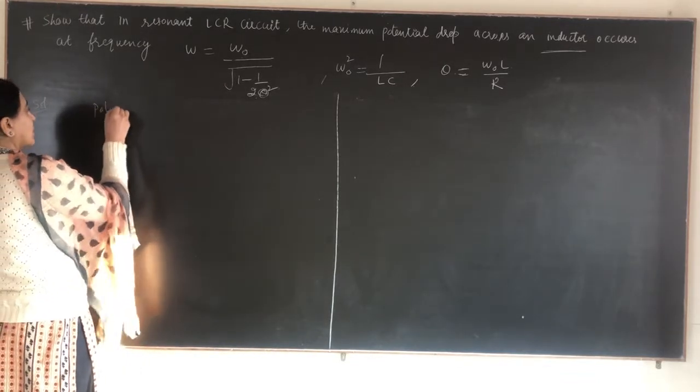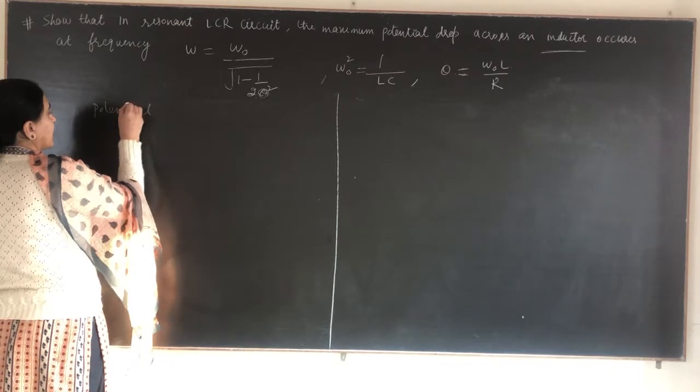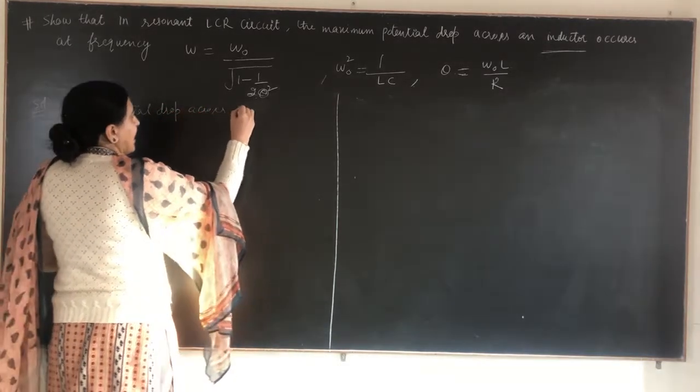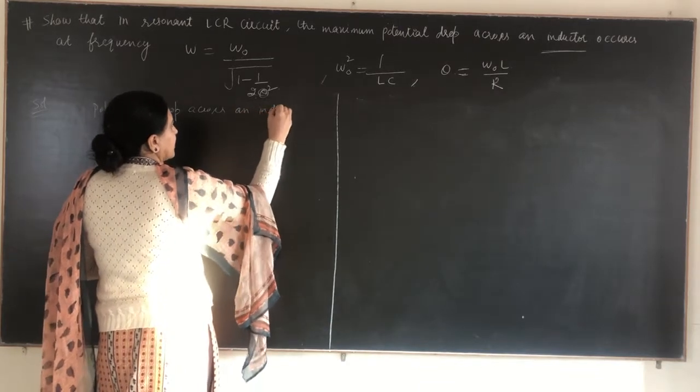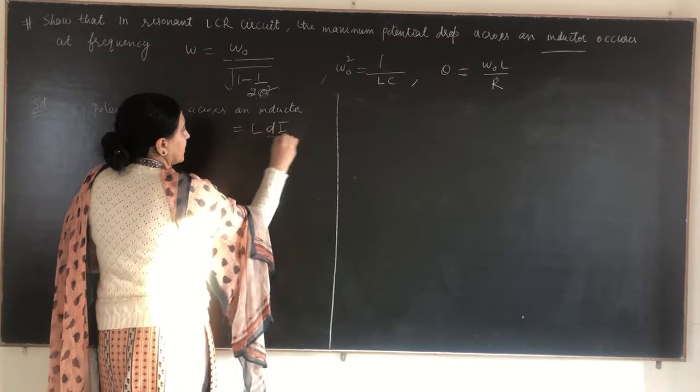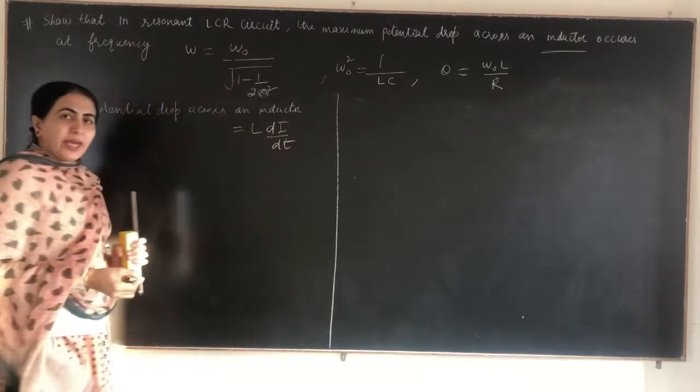So the potential drop across an inductor is equal to L times the derivative of I with respect to t.